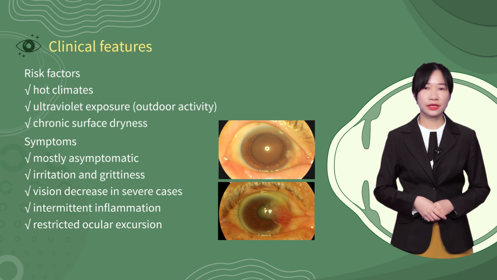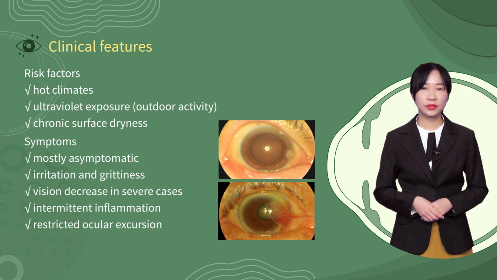Most small lesions are asymptomatic. Irritation and grittiness are caused by the drying effect at the edge due to interference with the precorneal tear film. The pterygium may interfere with vision by obscuring the visual axis or inducing astigmatism. There may be intermittent inflammation.